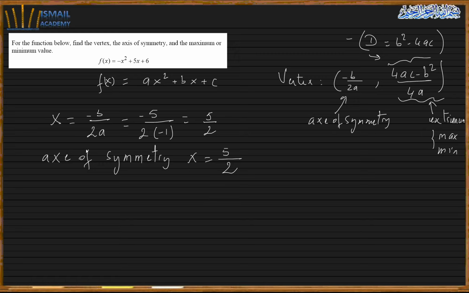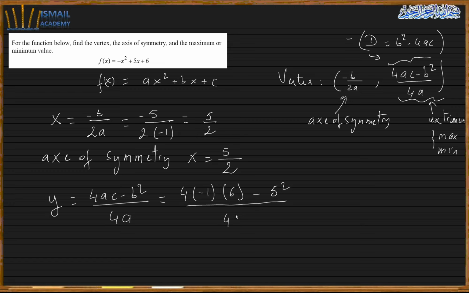Okay. Now, how do I know if I have a max or min? That means the value we'll get here, it's a max or min. That means that value is a y. So y is 4ac minus b squared over 4a, which means I will have 4 times minus 1 times c, which is 6, minus 5 squared over 4 times minus 1.